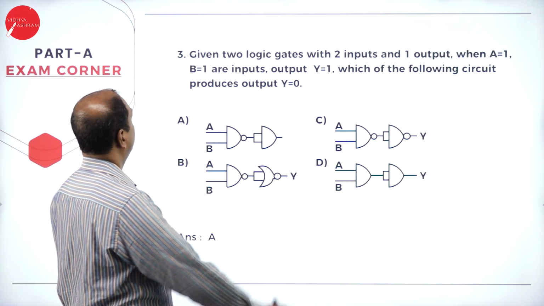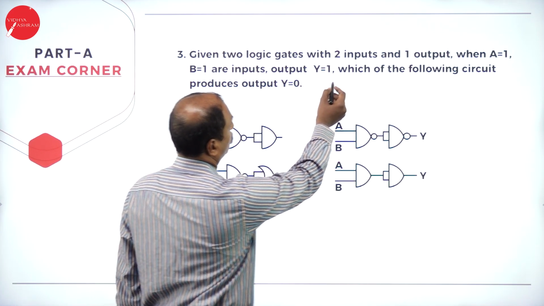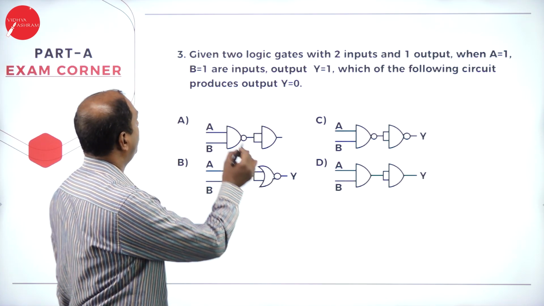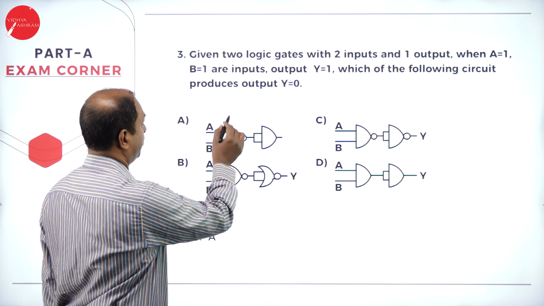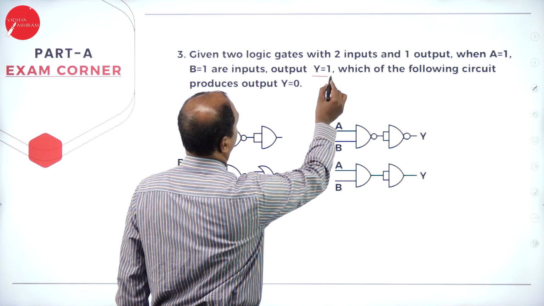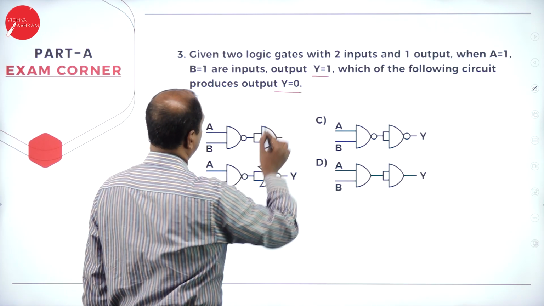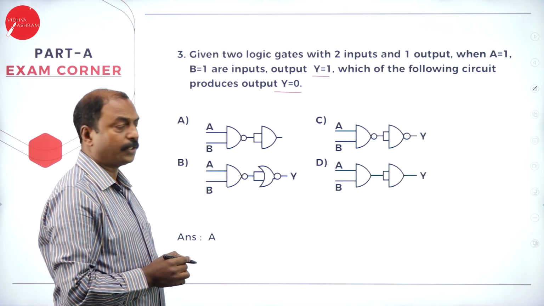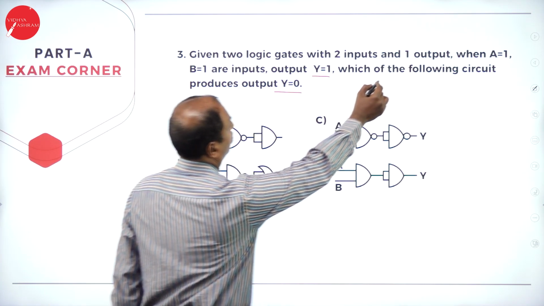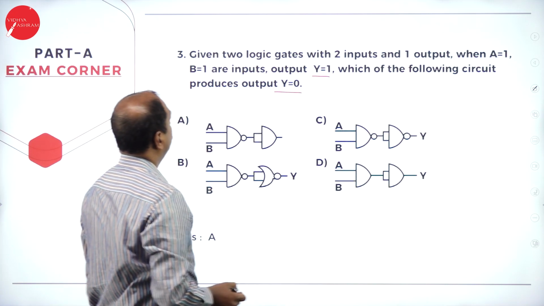In this question, given two logic gates with two inputs and one output, when A equals 1 and B equals 1 are the inputs, output is Y equals 1. Which of the following circuits produces output equal to 0? If you look at the circuit here, one input is 1, another input is 1.